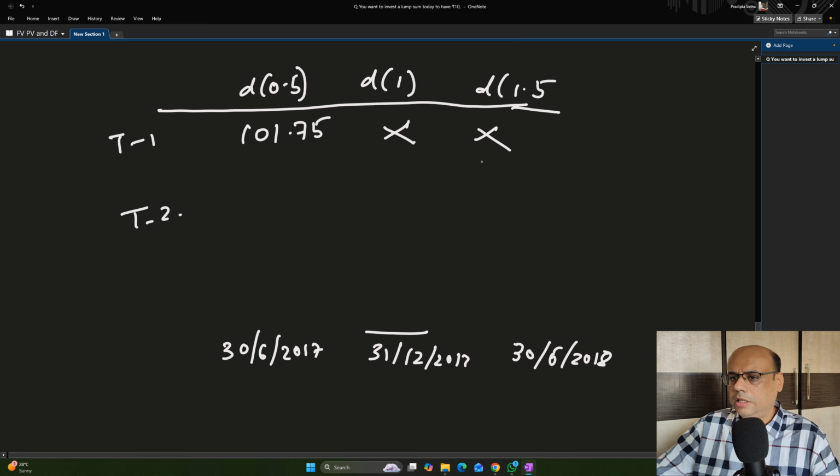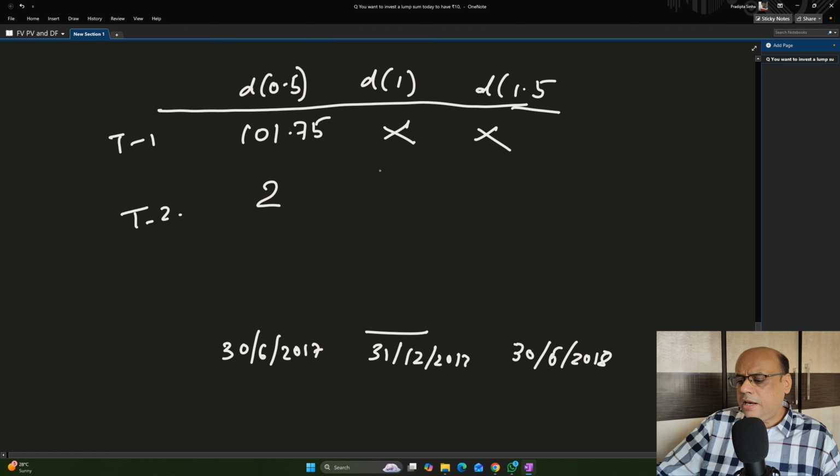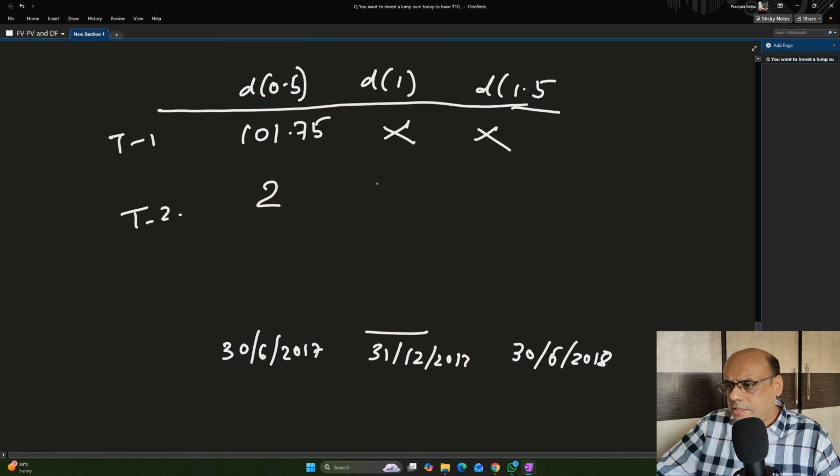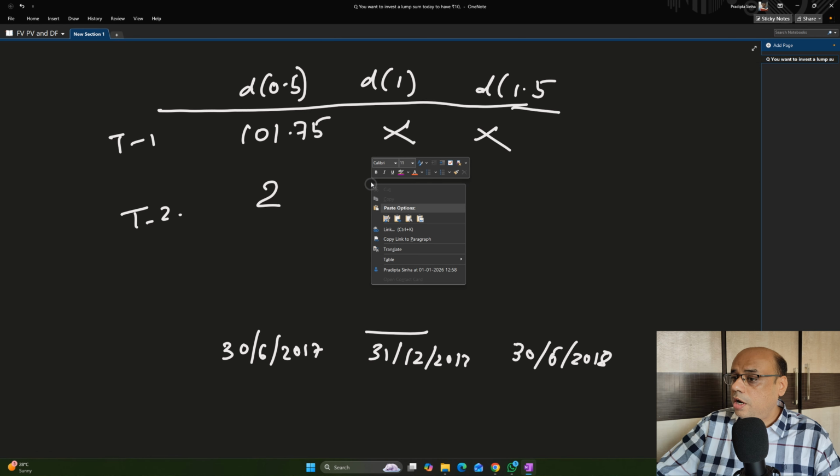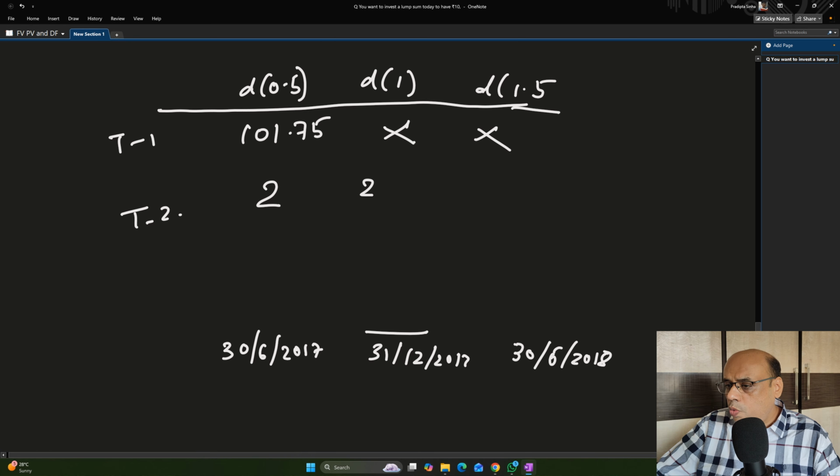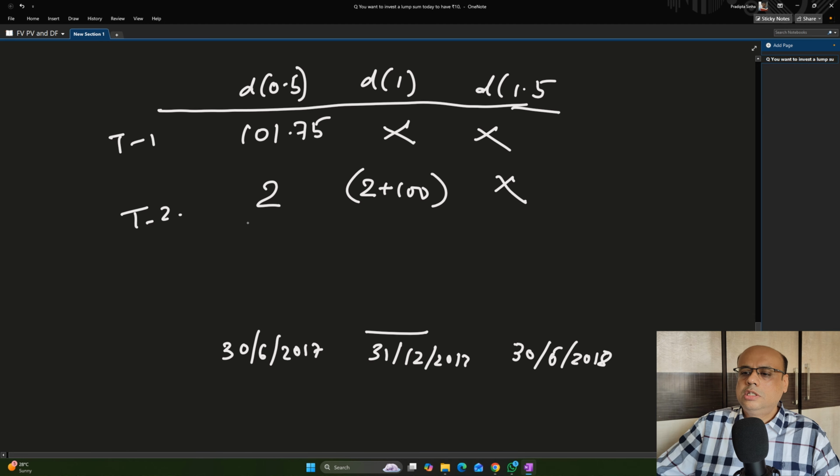Tranche 2, here it receives how much? 2, because 4% per annum is 2 per 6 months. And here it receives the balance, how much? 100 or 102? It receives 102, because the 2 will be there plus the principal payment. And does it receive anything here? No.